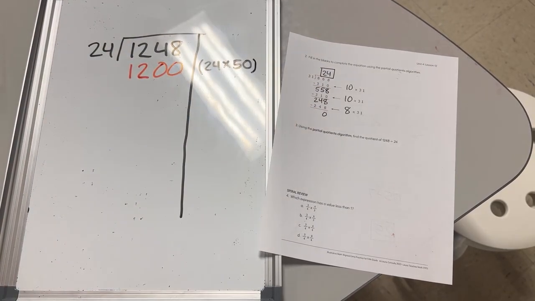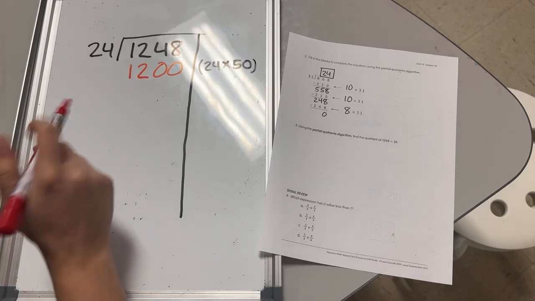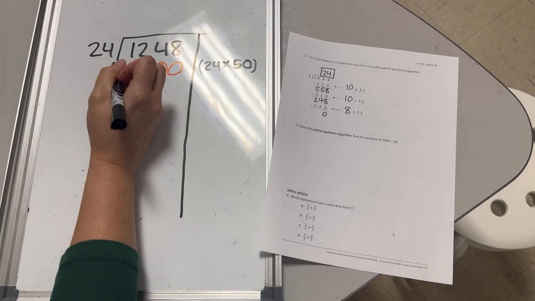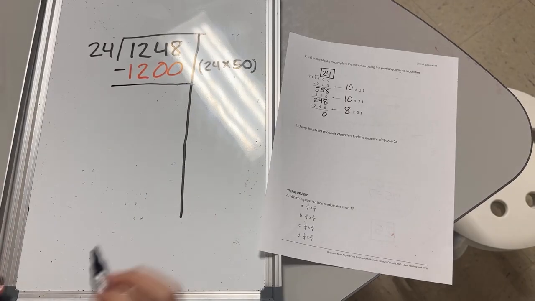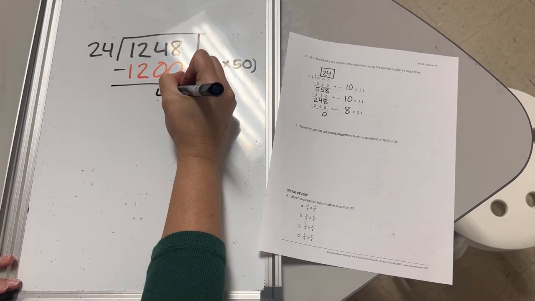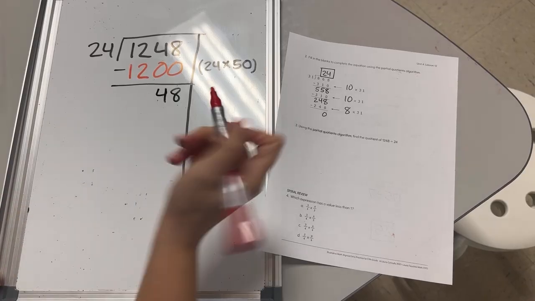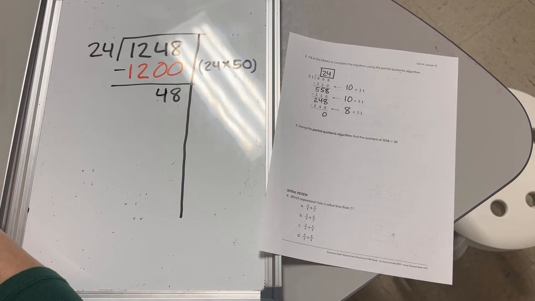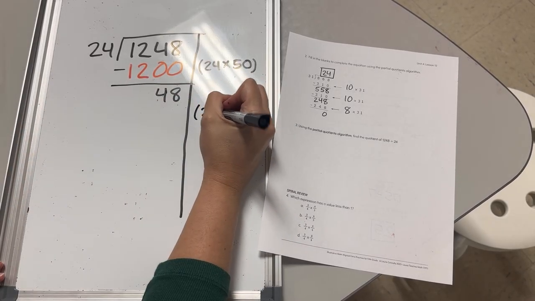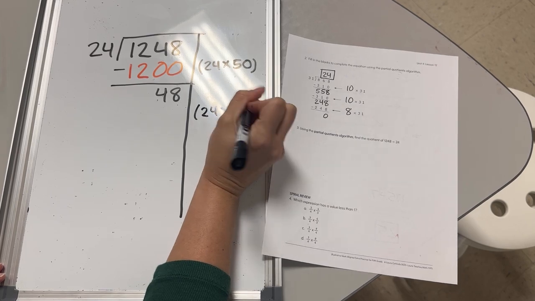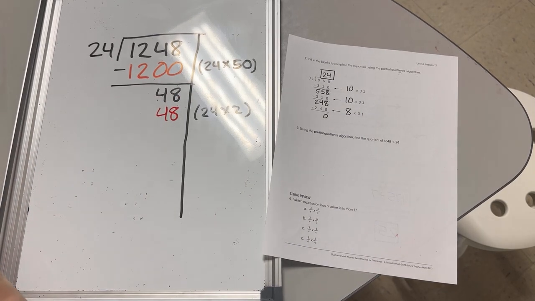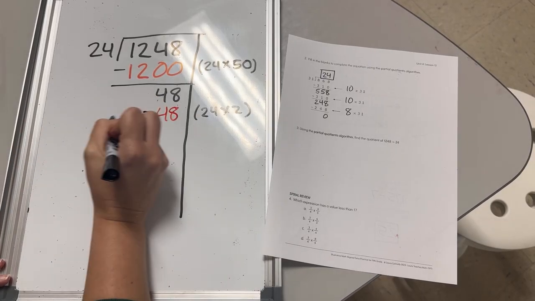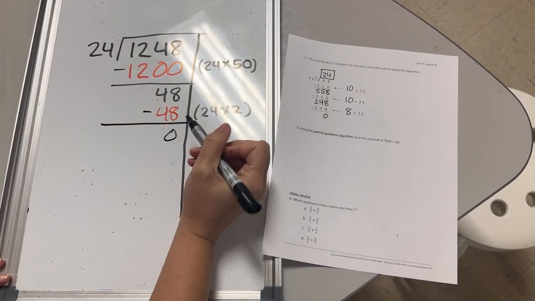Finish that parenthesis there. I'll go ahead and subtract. That leaves me with only 48 left over. So now I'm going to go ahead and do 24 times 2, and that's going to give me 48, subtracting to get to 0.